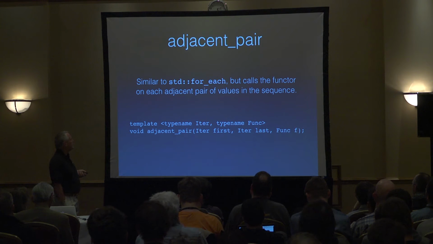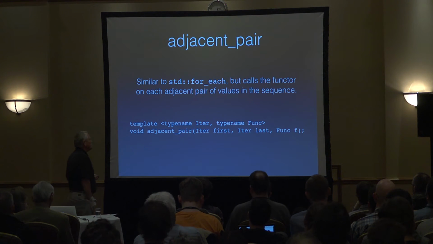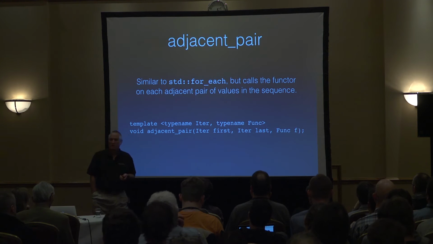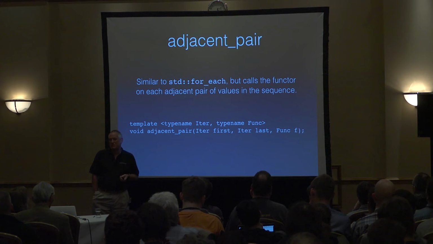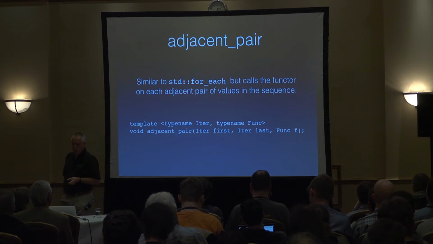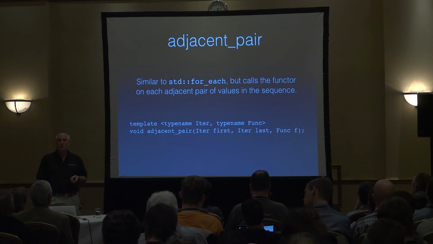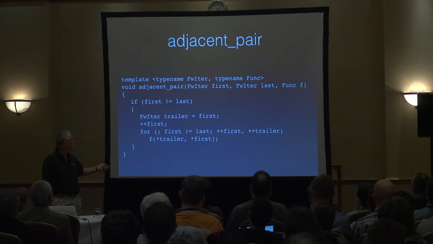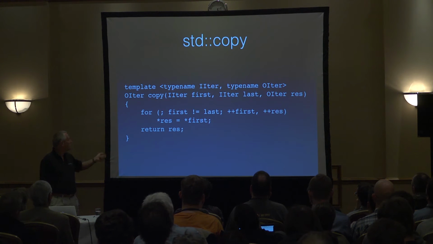Let's think about this for a minute. How do we want to write it? What are some of our edge cases? First thing, I described how it would work for something with like 6 elements. So what should it do if you pass it an empty sequence? Let's go back to here. What happens here with an empty sequence? If first is equal to last, this does nothing.